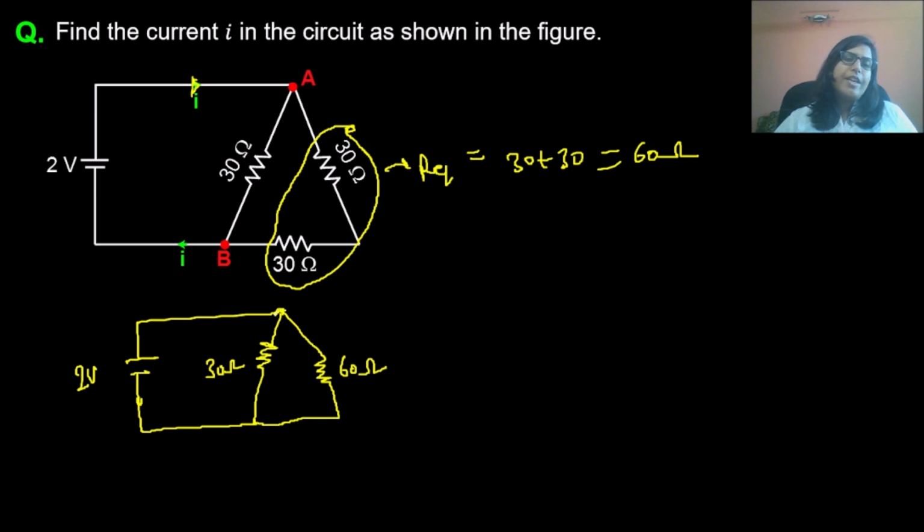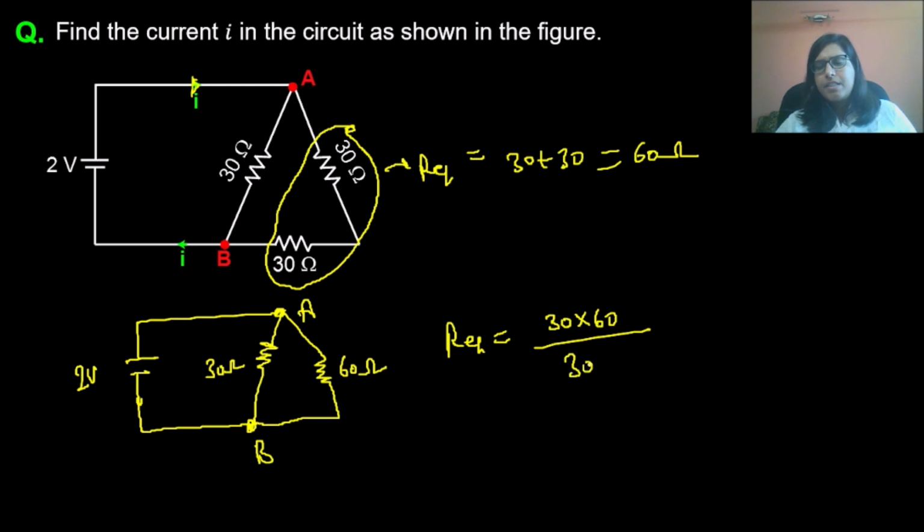So these two, we can see this is point A and this is point B. So we can see these two resistors are in parallel combination. So R equivalent will be R1 R2 upon R1 plus R2, that means 30 into 60 upon 30 plus 60, that is 90. So it will be 30 plus 60. Look, calculation mistakes happen like this. 30 plus 60, that means 30 into 60 upon 90.